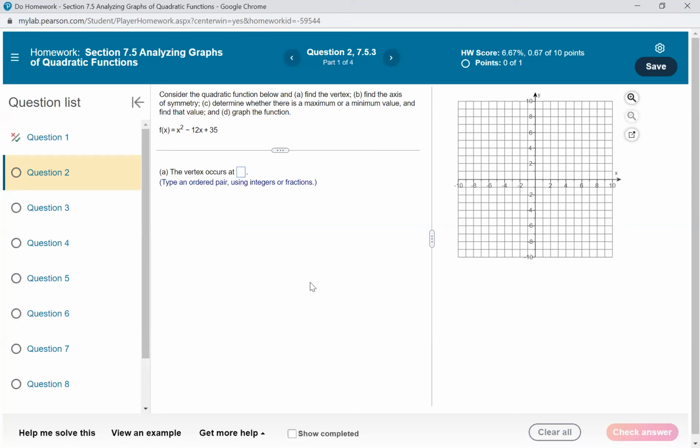What do we got here? f of x equals x squared minus 12x plus 35. Yeah, because I'm going to show you a different way on this one because 35 is a big number and this graph only goes to 10 by 10. So let me share this screen and we'll solve this.